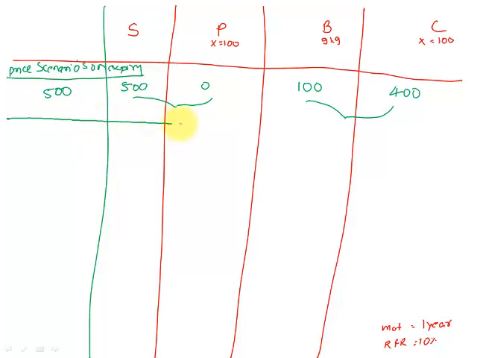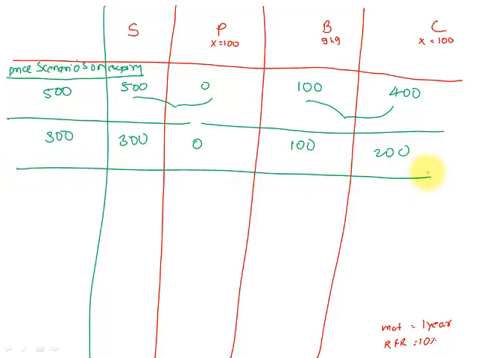Let's take a different scenario. Let us say that this is 300. If this is 300, this is 300, this is 0, this is 100, this is 200. Again the value is exactly same. Clear? So what we can prove going further, that irrespective of how much price increase, in a price increase scenario, the two portfolios are giving same value.